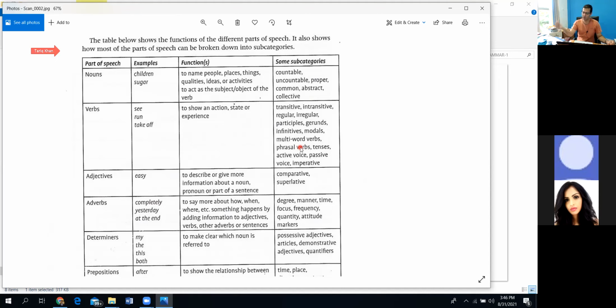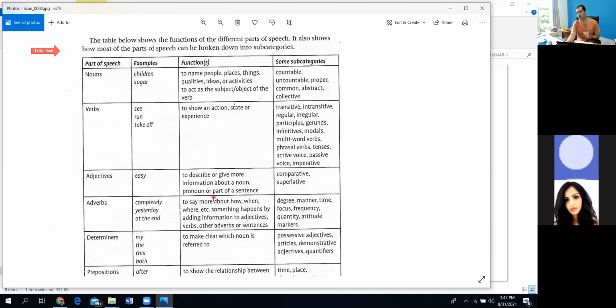So you have to recognize which category the underlined verb or part of speech belongs to. Is it a subcategory or is it a main category? That's how they will test you.